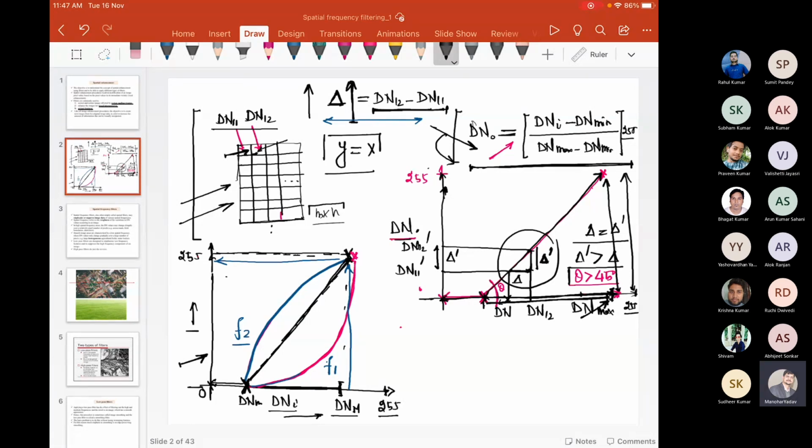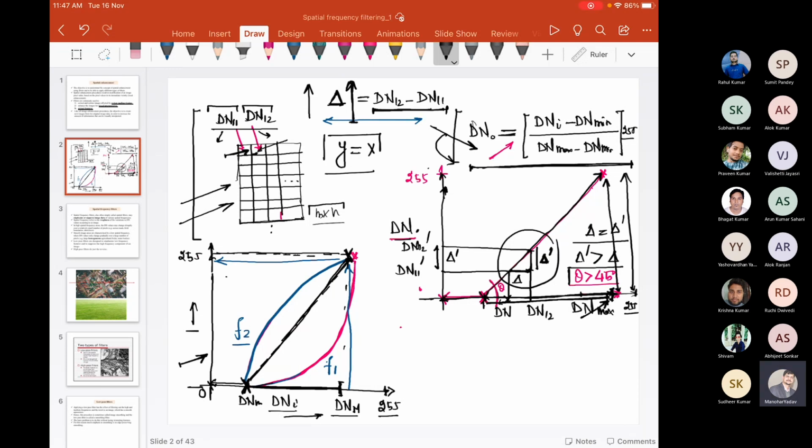For simplicity, I have considered a generic example so that it will be clear. DN1 and 2 pixels I have already selected. And on the basis of how we can distinguish the 2 pixels, we have discussed that the difference in gray shade between these two should be increased.